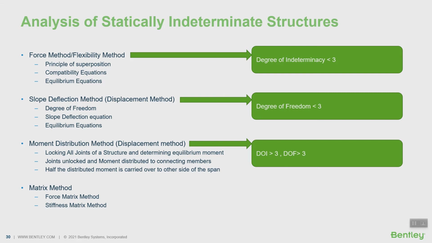Moment distribution method can handle greater degree of indeterminacy and freedom in comparison to the previous two methods, but even then, the analysis of moderately complex structures can take many iterations using this method.